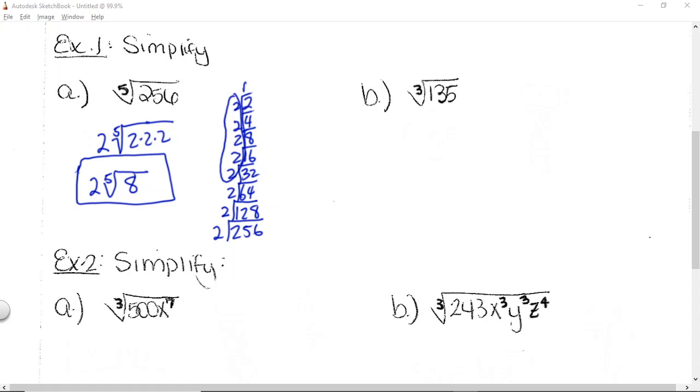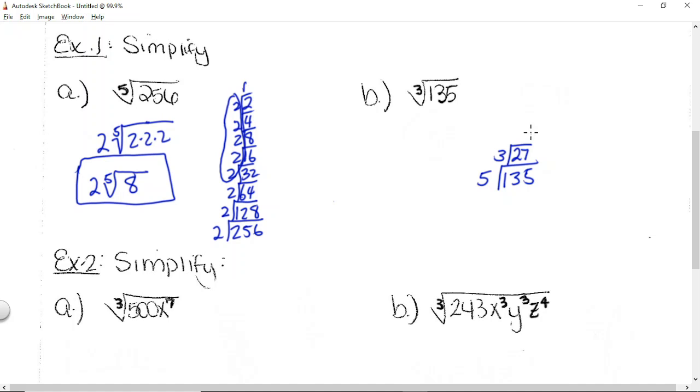Cube root of 135. Okay, so we will use the cake method on 135. Remembering our index is 3 this time, but we get the prime factorization in the same way. Well, 5 goes into 135. We know that. And so 135 divided by 5 is 27. And here we will use 3.